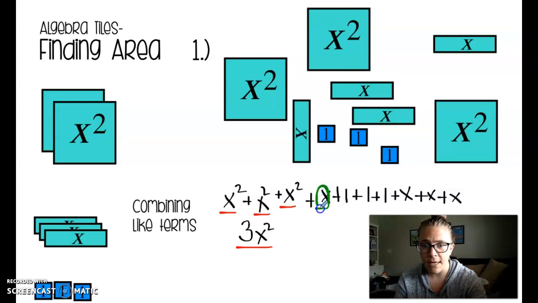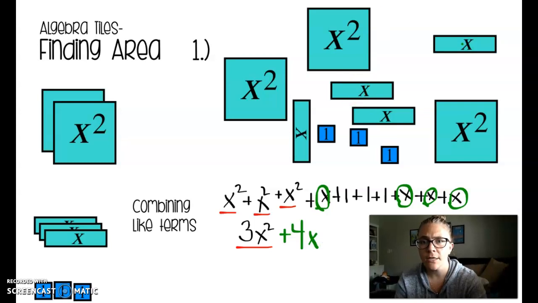I have my x, x, x, and x. So it looks like I have 1, 2, 3, 4 x tiles, and I want to make sure that is accurate. So I'm going to do plus 4x.